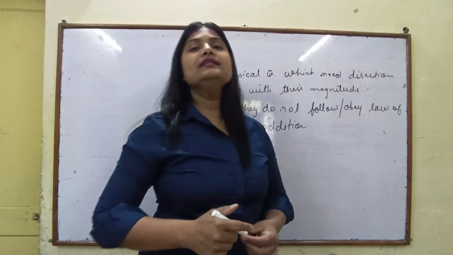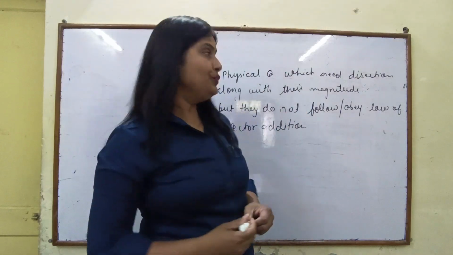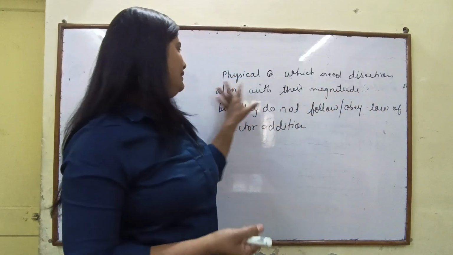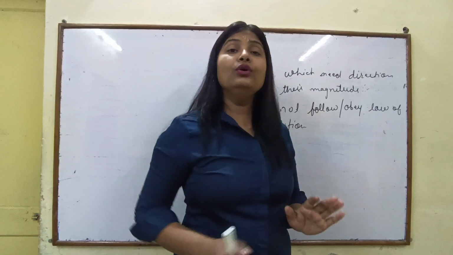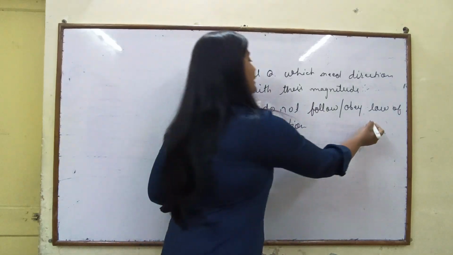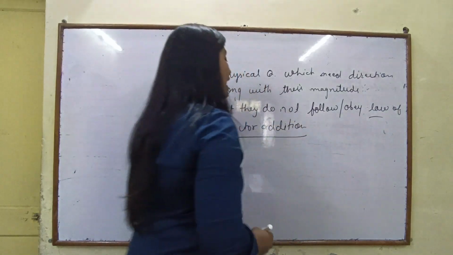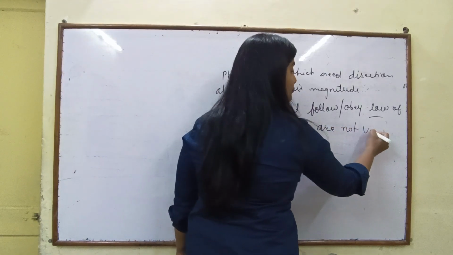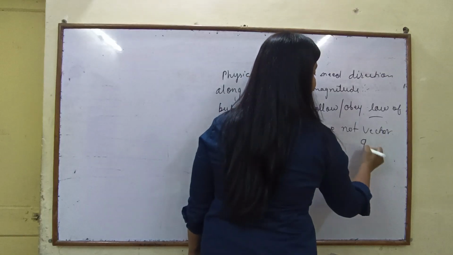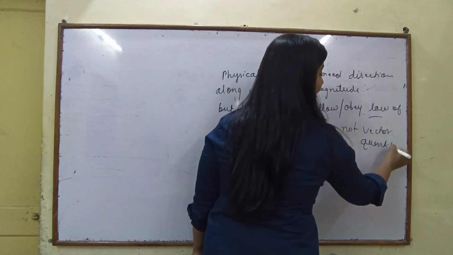Means there are some physical quantities which are defined by their magnitude and direction, but they do not obey the vector law of addition, and they are not vector quantities. This is a very important thing.